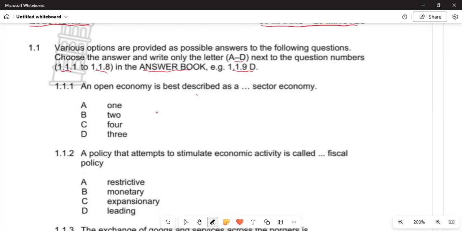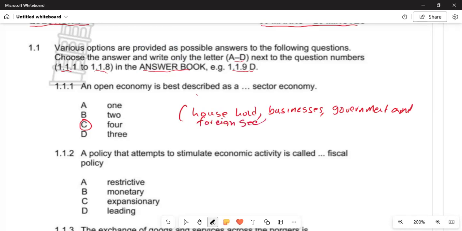The correct answer is C, a 4-sector economy, because it includes households, businesses, government, and the foreign sector.